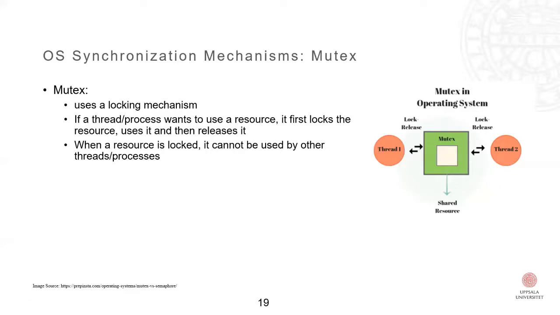So we have some sort of key, and a thread uses this key to unlock the resource, and when it is using it, it locks it, and whenever its work is done, it will again unlock and let other threads use it. So in this case, we have mutual exclusion, meaning that there will be just one thread at a time using that shared resource.